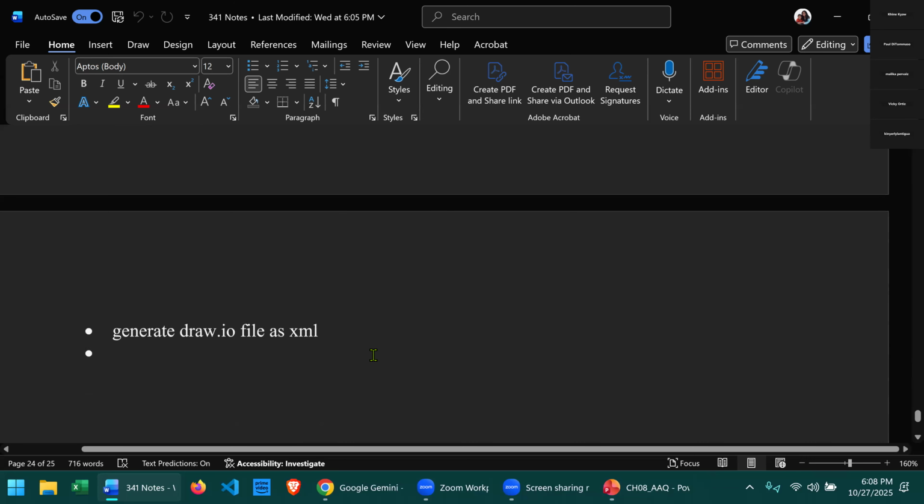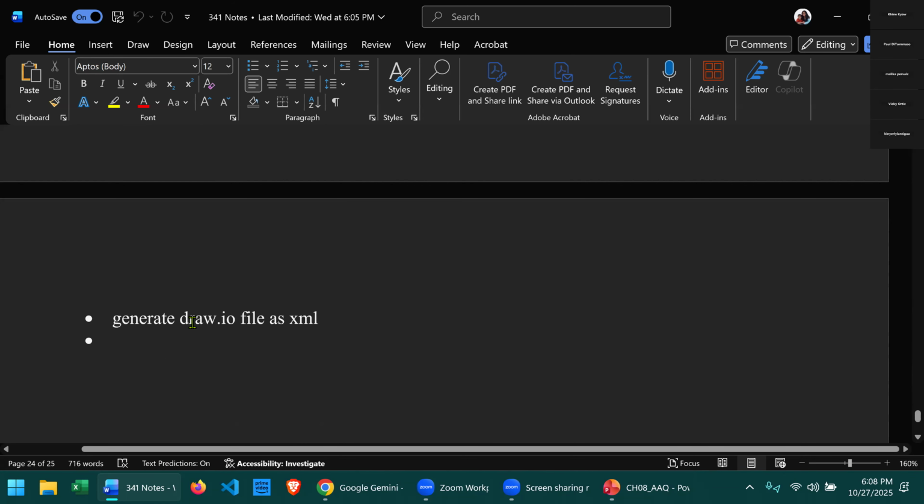And one of the good things is that draw.io is able to read files which are in XML format. And when you're using these AI tools, you just have to tell it to generate a draw.io file as XML.